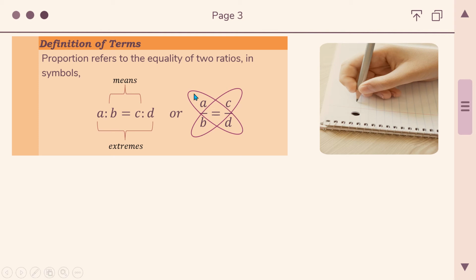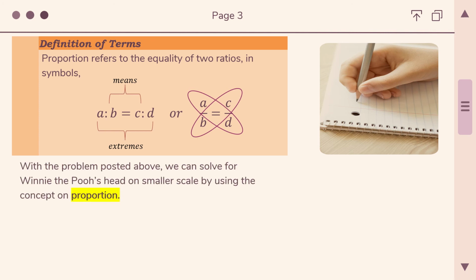That means A times D, which is the product of the extremes, while B times C is the product of the means. So when the cross products of the means and extremes are equal, the proportion is established.